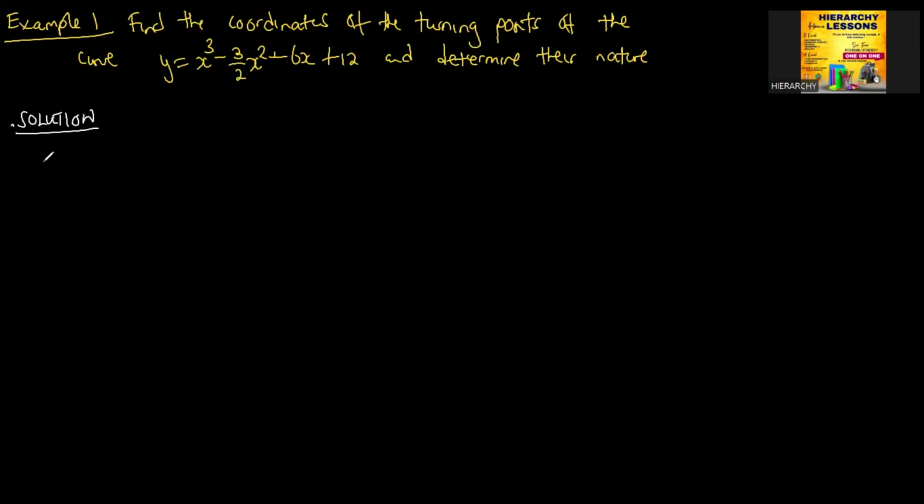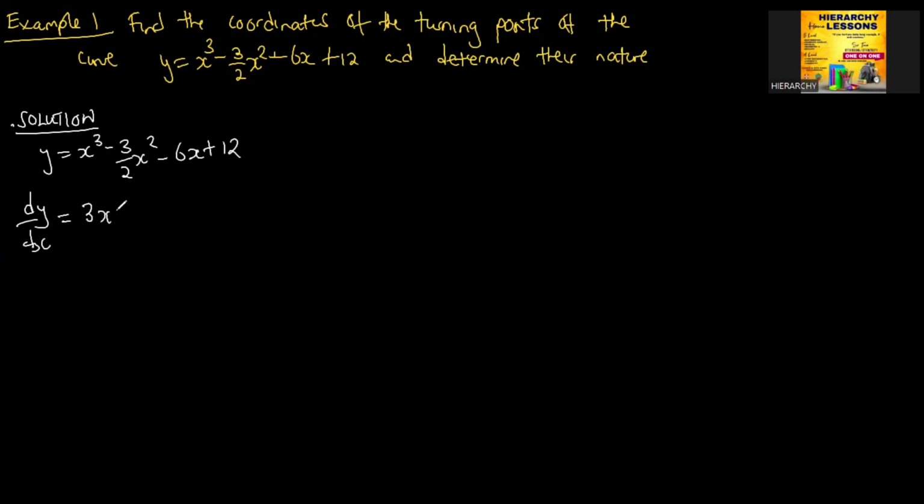So if we have the function y is equal to x cubed minus 3/2 x squared minus 6x plus 12, we're going to find dy/dx first of all. So dy/dx is equal to, what is the derivative of x cubed?